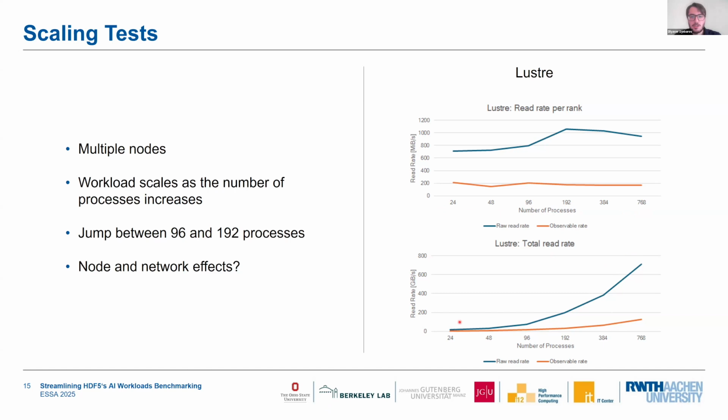You can see it here or here. Notably, there is a jump in the read rate per rank between 96 and 192 processes, which can be attributed to node and network effects.